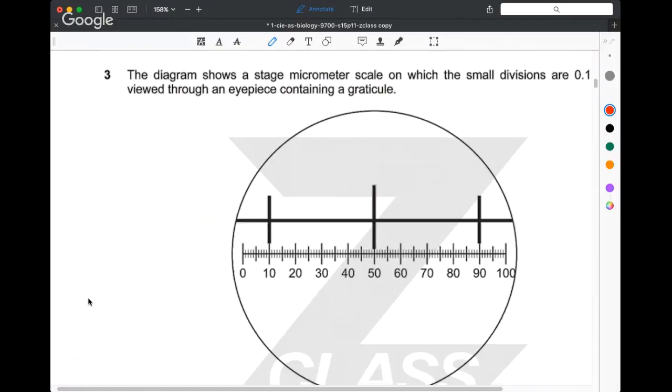And so this bit here is the part that's on the microscope stage. And this piece here is the graticule in the eyepiece of the microscope.